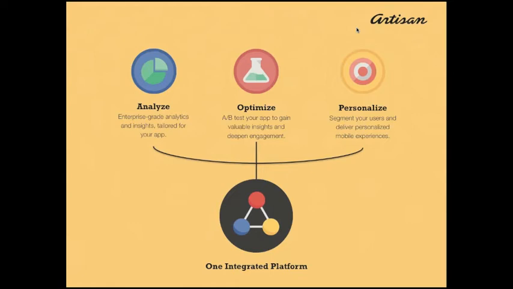So for example, if you just wanted to change a sentence or change an image for a particular segment, you can just go into the platform, make that change, and then instantly push that out to your entire user base or to a particular community within your user base. And again, Scott will show you how to do that in just a little bit.